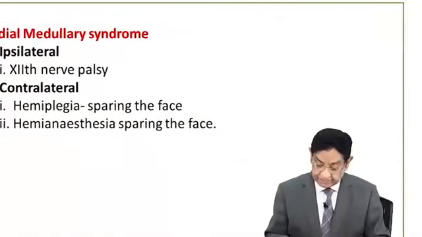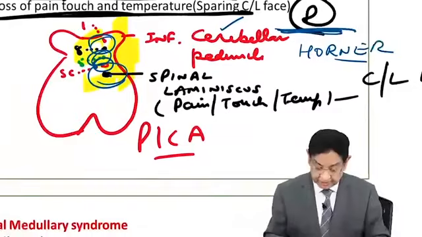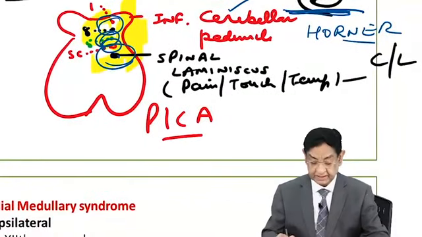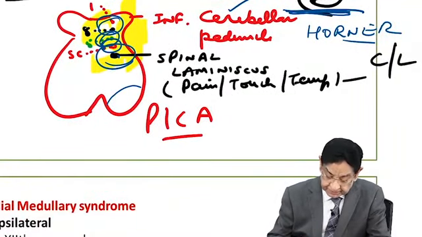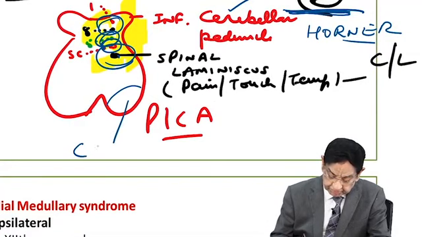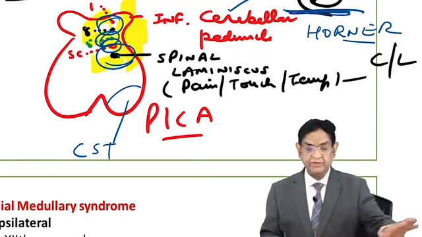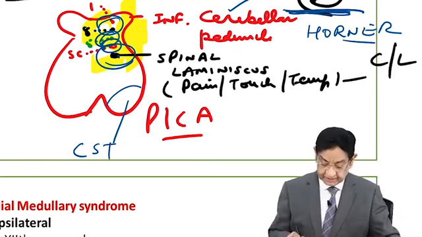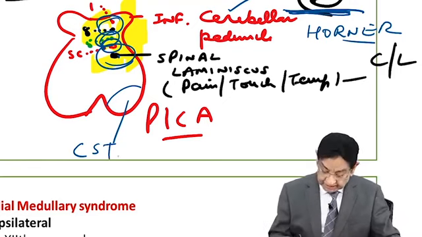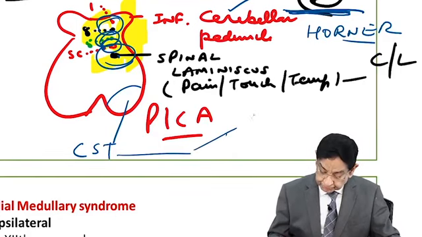Now let me talk about a little bit extra point. Here is the corticospinal tract. We all know very well they will go down and they will cross to the other side.